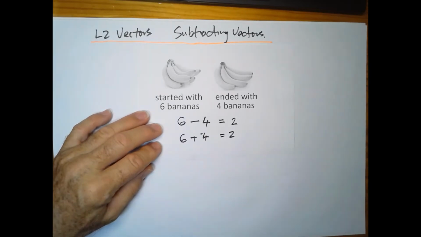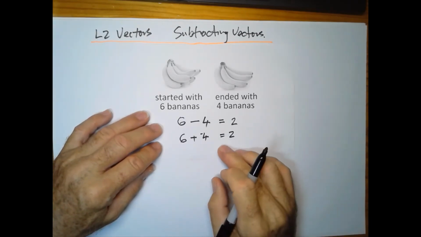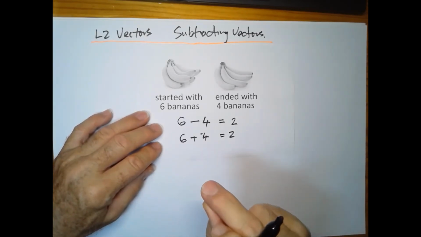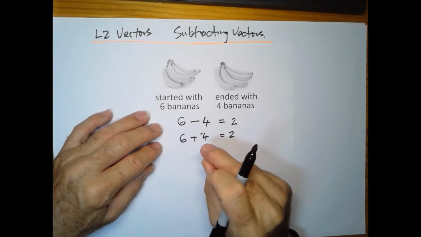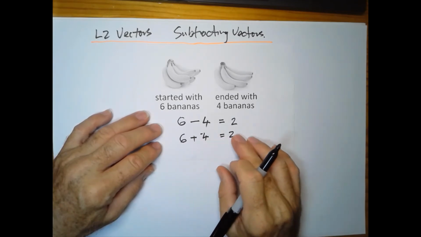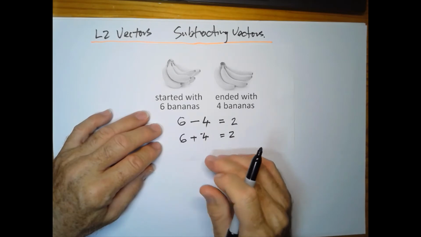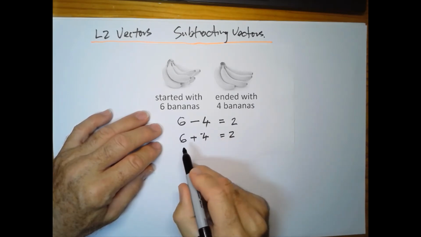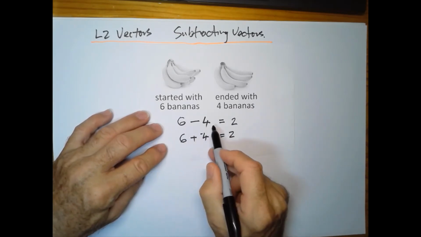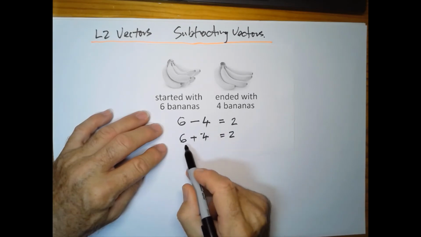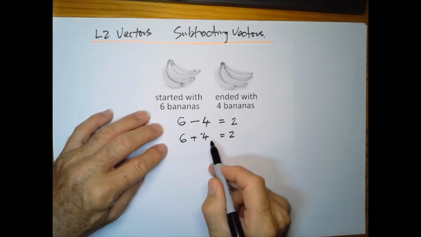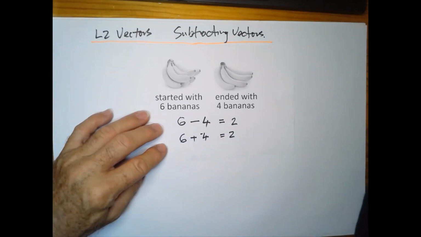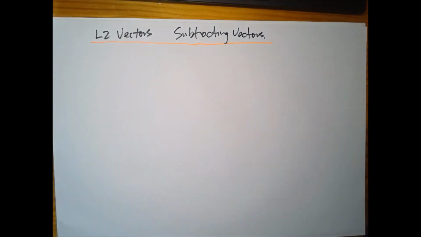Now we're going to use this for subtracting vectors, because when we're looking at vectors with magnitude and direction, it starts to look a little bit complicated, but by the end of this you'll see it's actually really quite straightforward. Remembering that 6 minus 4 is the same as 6 plus negative 4, which is equal to 2. So let's have a look at our vectors.